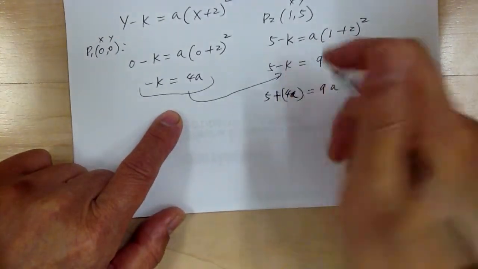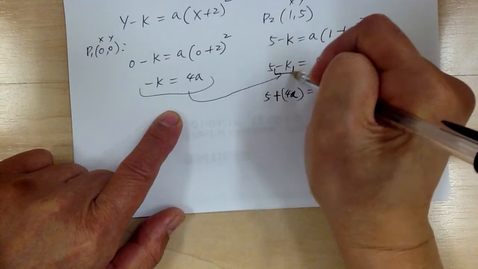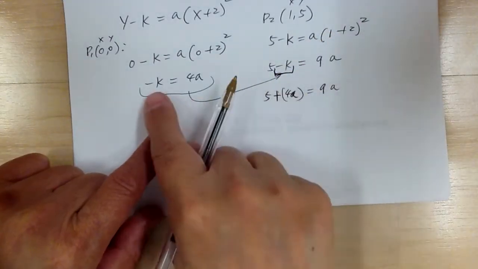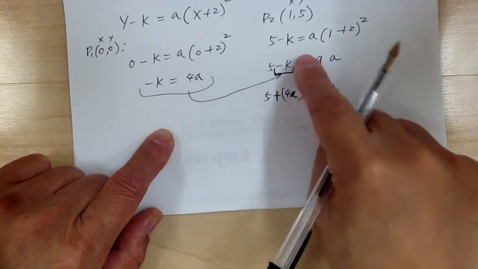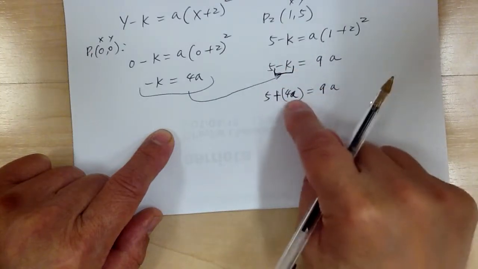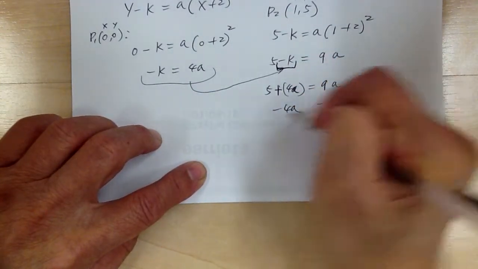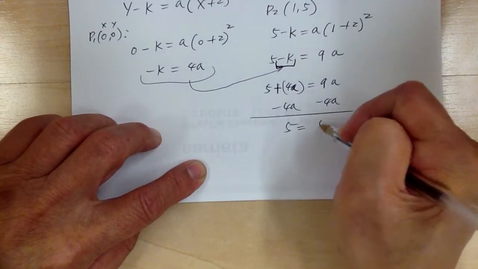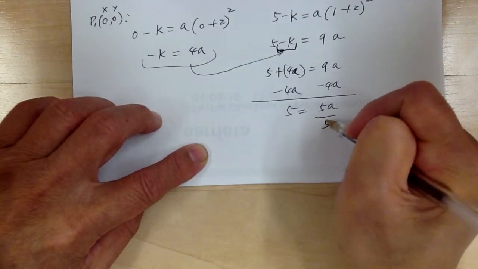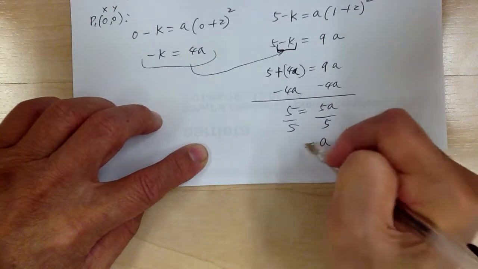Because this whole thing, I substitute the whole thing. So watch out for the sign. So negative k equals 4a, and I substitute the whole thing over here. Okay, so plus 4a on both sides. So 5 equals 5a. Divide by 5, divide by 5. So a equals 1.